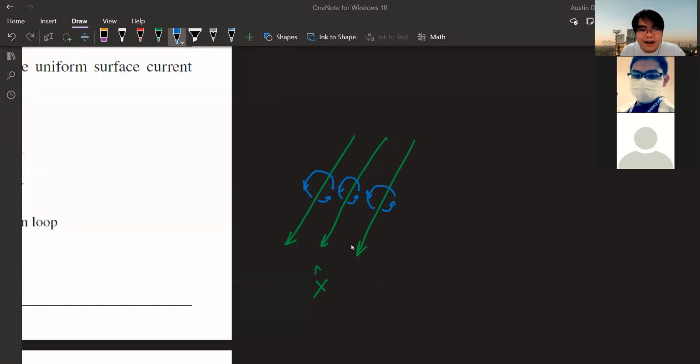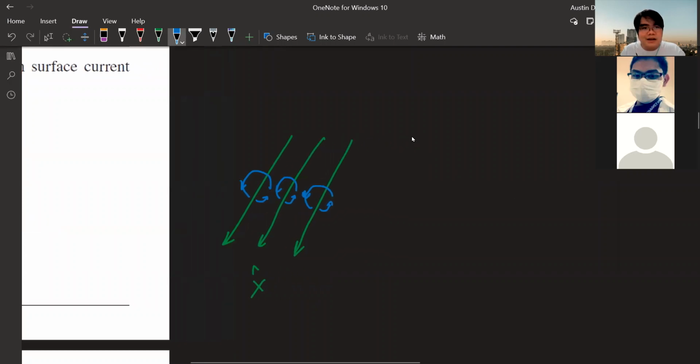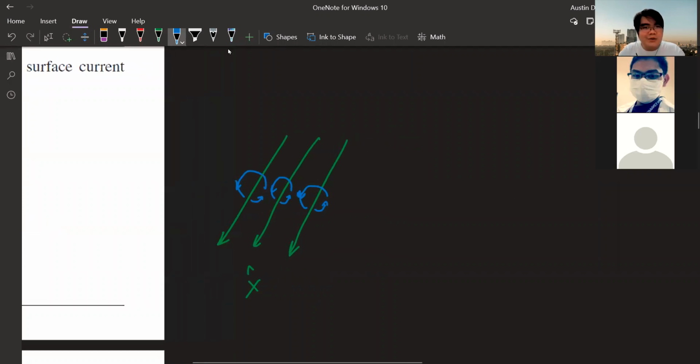Ayan. Okay. At this point, by superposition, ano yung mararamdaman mo magnetic field dito? At this point. Wait lang po. Gawin natin yung ano. Wait lang, gawin ko muna yung front view ng x.